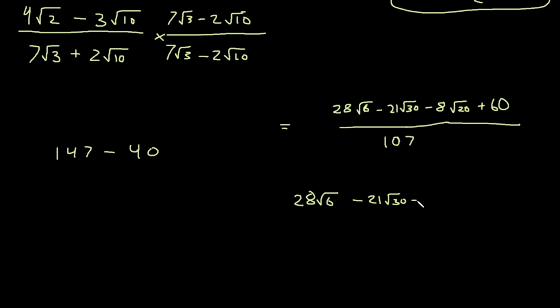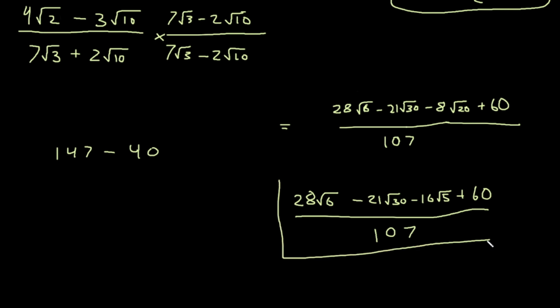So we'll have minus 16 root 5 plus 60 over 107. Now, before we say this is our final answer, let's quickly check over to see if there are any common factors. And there are not. So this itself will just be our final answer.